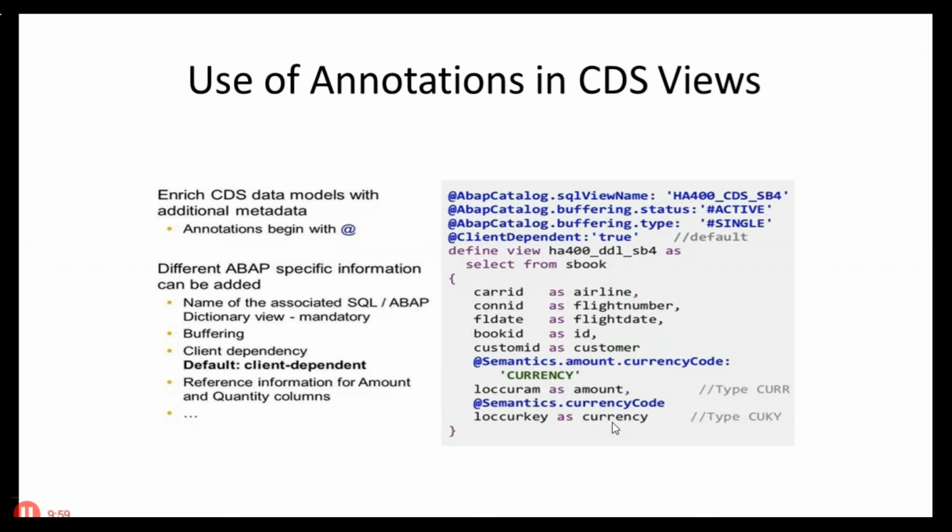Whatever field is there, we keep it here and say that this is the field which will define the currency. If I'm saying the amount as 100, what is 100? It does not have any value unless we tell the currency. So currency is very important.